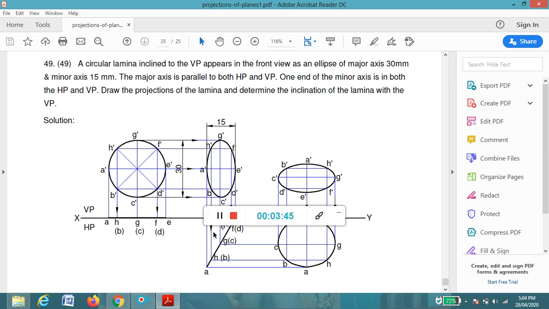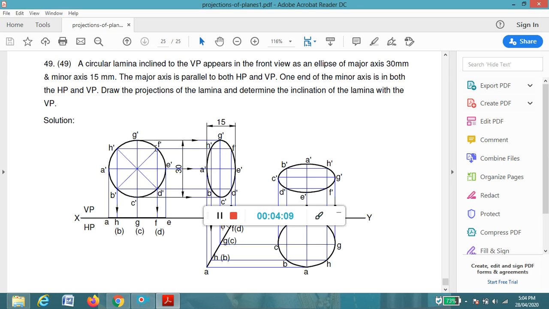Then in the second position, the condition is that it appears like an ellipse. So this is the ellipse. G dash C dash is the major axis, A dash E dash is the minor axis. So you have to draw it so that the minor axis is 15 mm and the major axis is 30 mm.